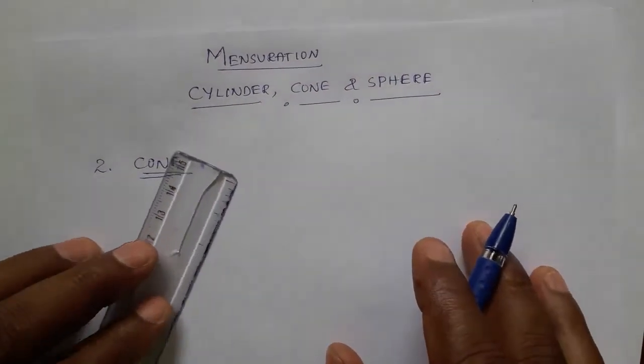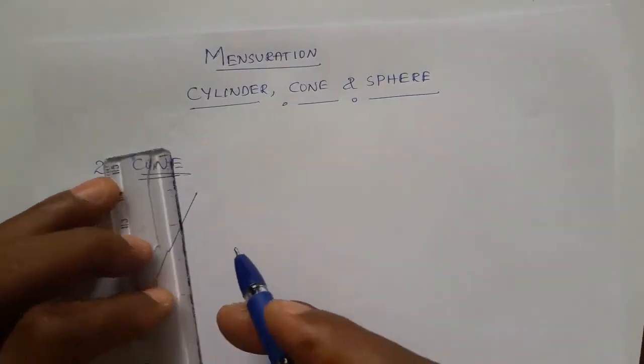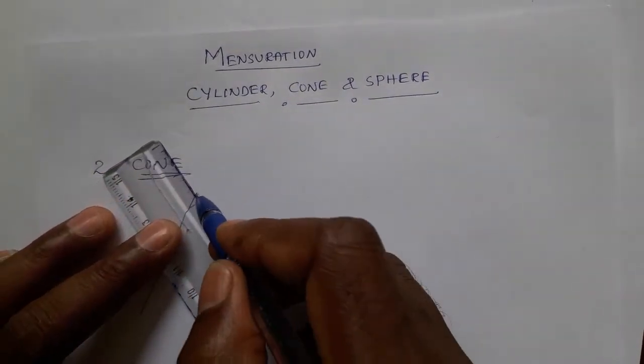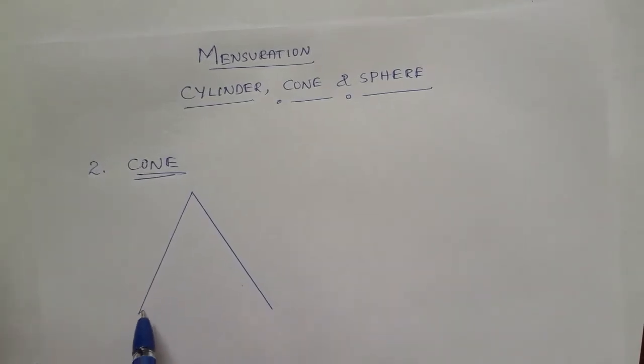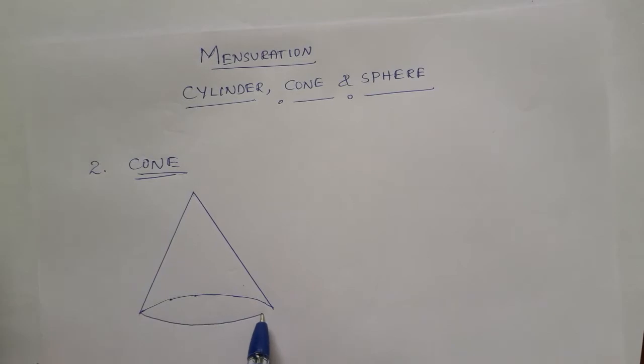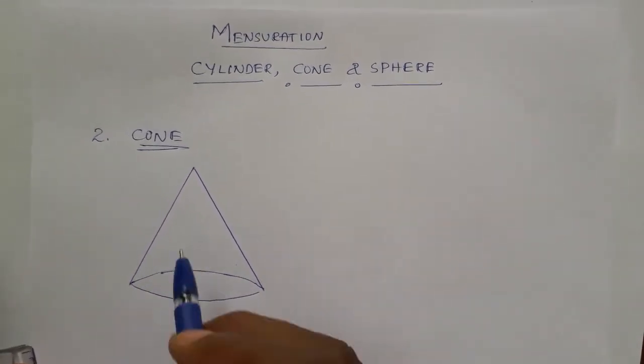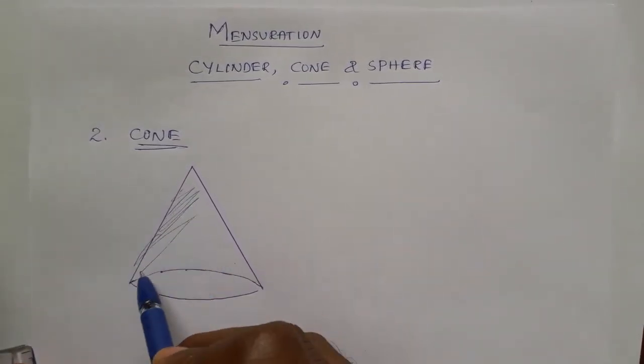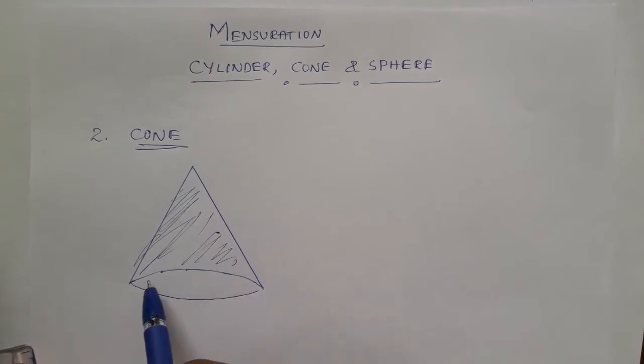So we first go to the shape of the cone. Cone is a three-dimensional figure. It is difficult to draw on a piece of paper, but still we are showing it with some effects just to know that it is a cone.